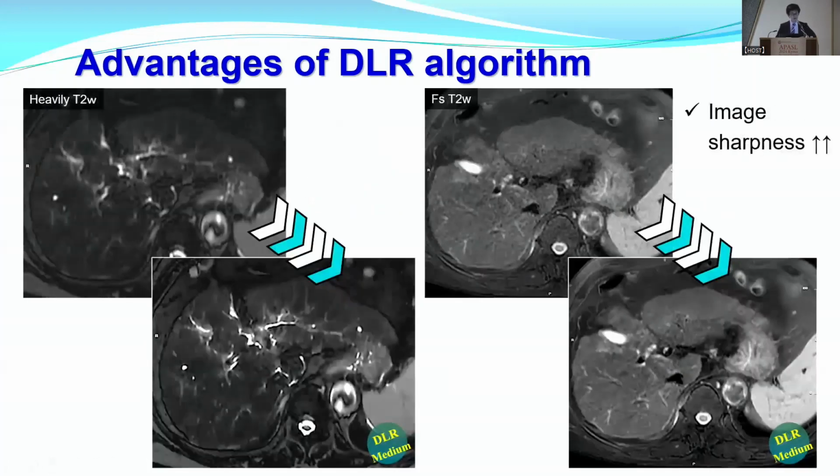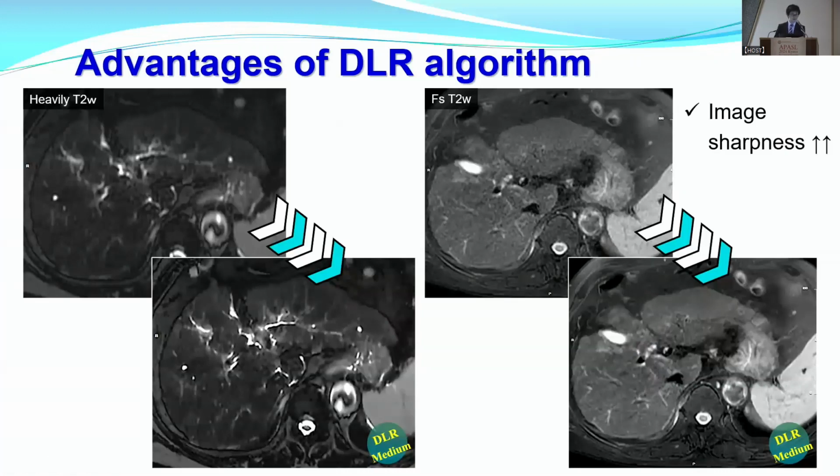This is a heavily T2 weighted fat suppressed image. After applying deep learning reconstruction, the intrahepatic bile duct is clearly depicted with increased signal-to-noise ratio and increased image sharpness. This is the T2 weighted image of the same patient, which also improves image quality by increasing signal-to-noise ratio.